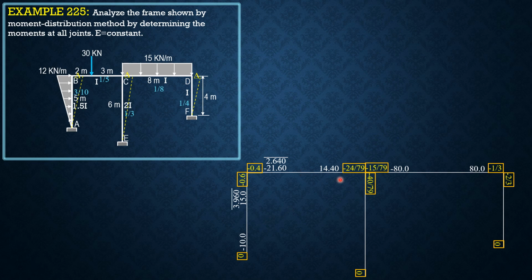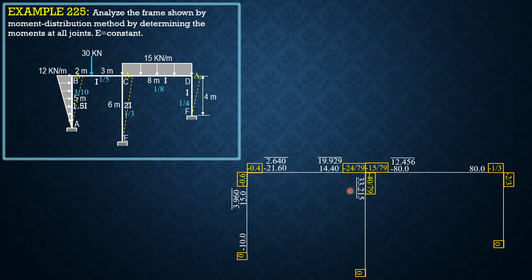Here, quantity 14.4 minus 80 times negative 24 over 79, positive 19.929. Same quantity times negative 15 over 79, 12.456. Same quantity times negative 40 over 79, so 33.215.